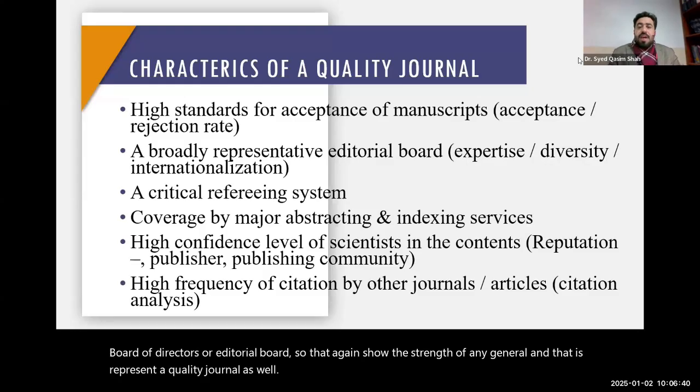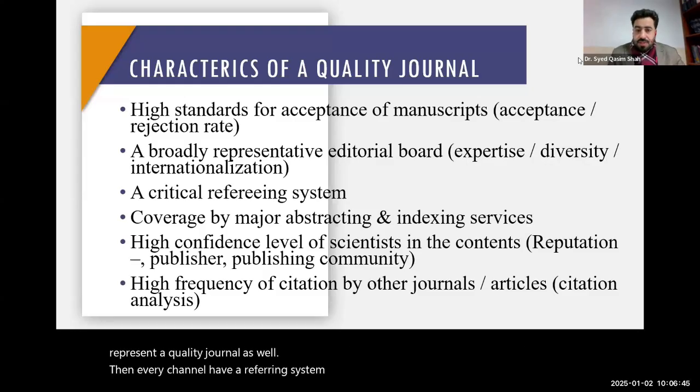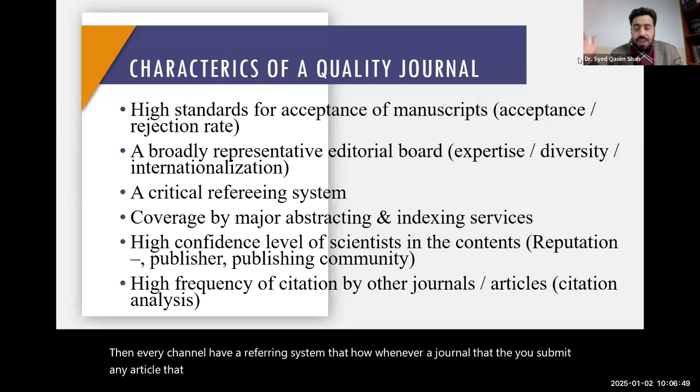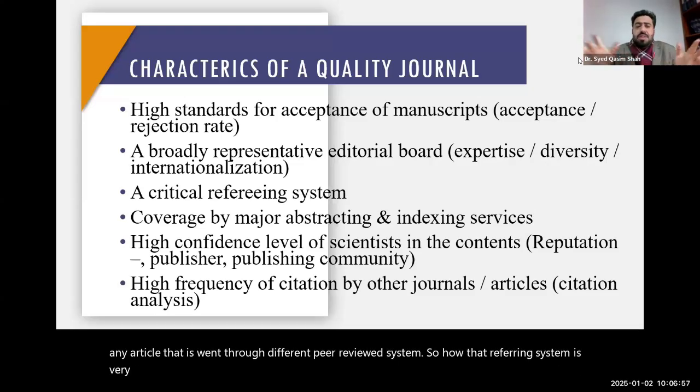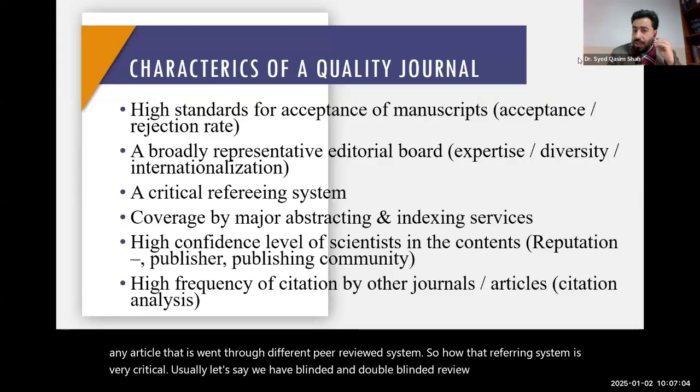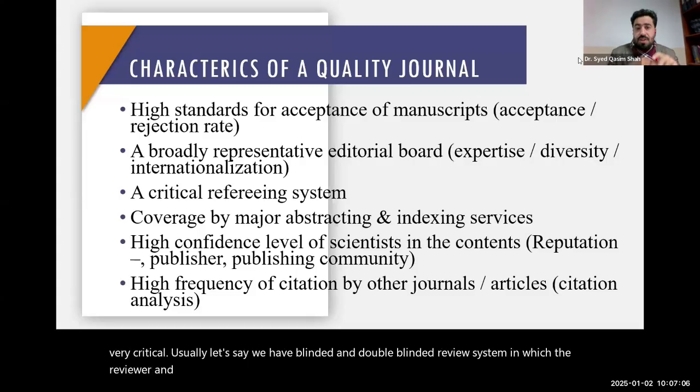Then every journal has a refereeing system. If you submit an article, it goes through a peer review system, so how that refereeing system works is very critical. Usually we have blind and double-blind review systems, in which the reviewer and the author don't know each other, and then the review takes place.